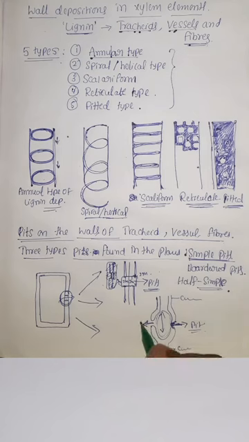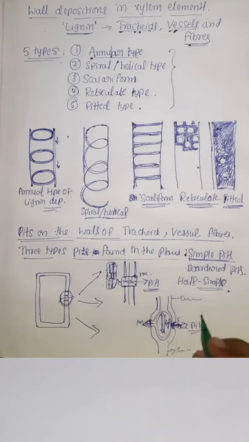For example, here the pit width is 1 mm, here it may be 6 mm, again here 1 mm, meaning the width of the pit is not equal throughout. Here it is 1 mm, here 6 mm, here 5 mm, here again 1 mm. This type of pit is called a bordered pit.